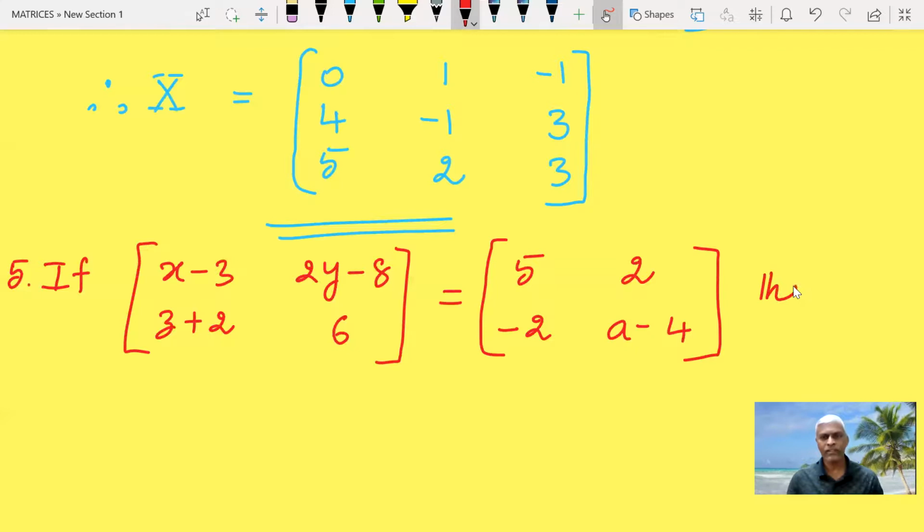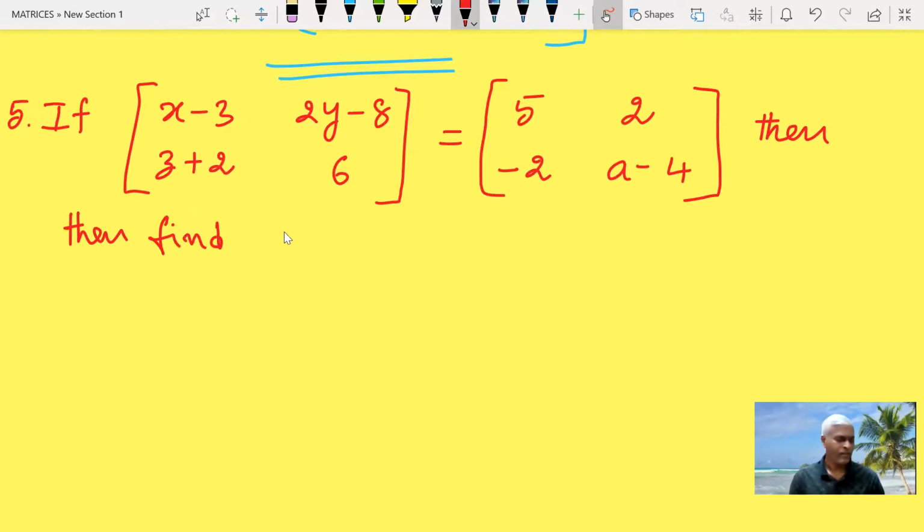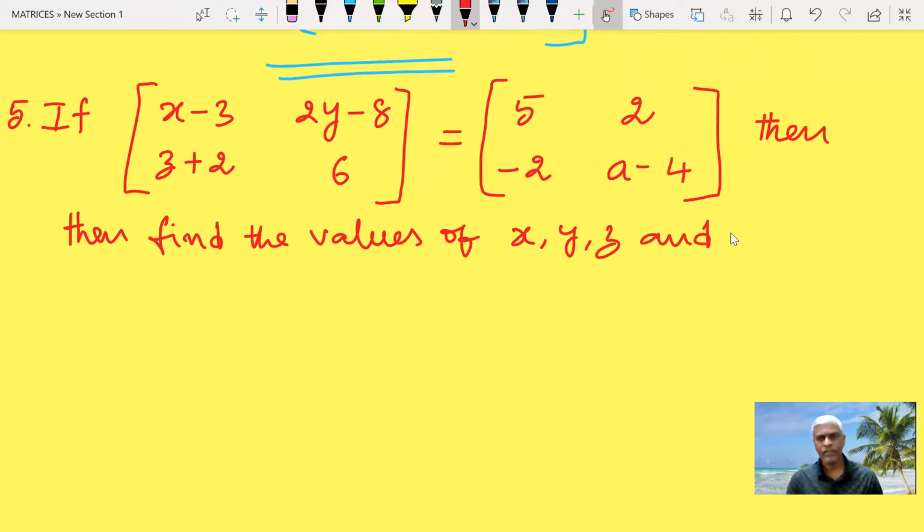If these two matrices are equal, then find the values of x, y, z and a.